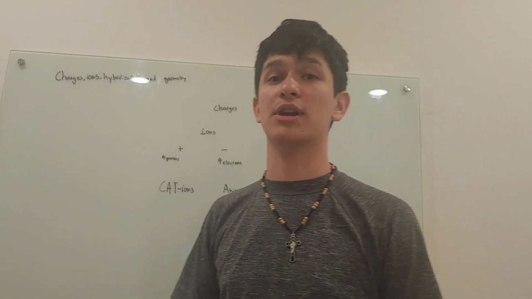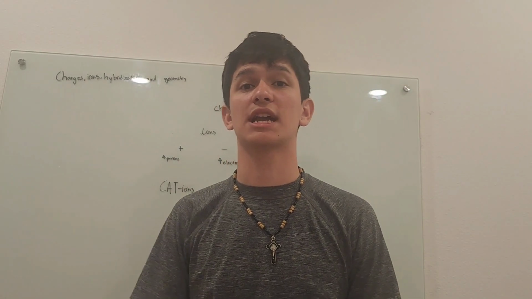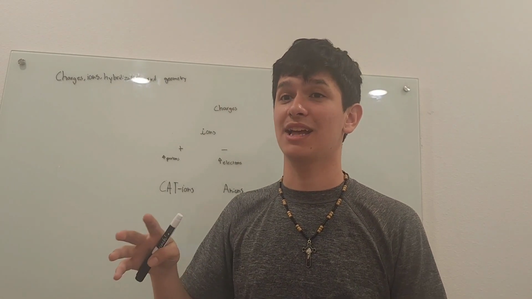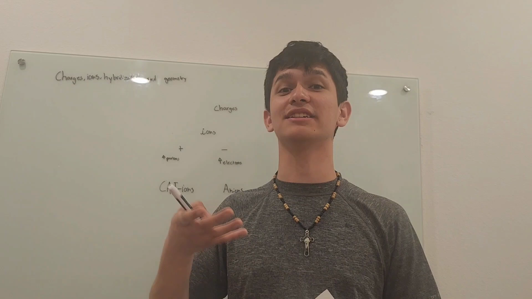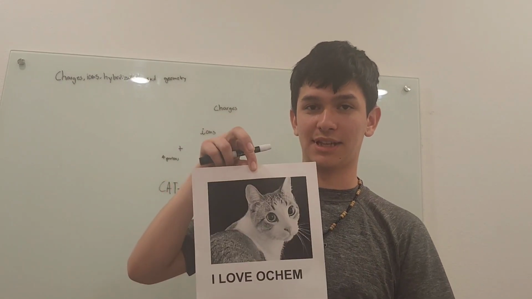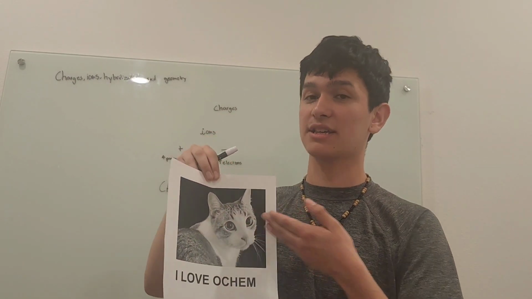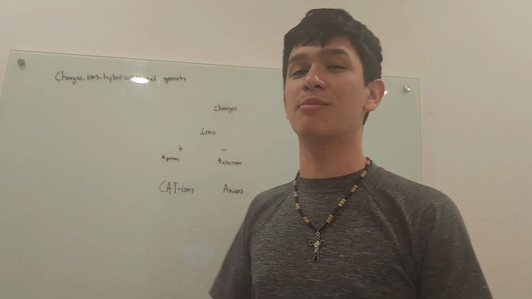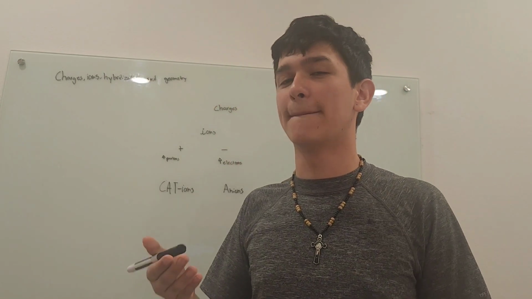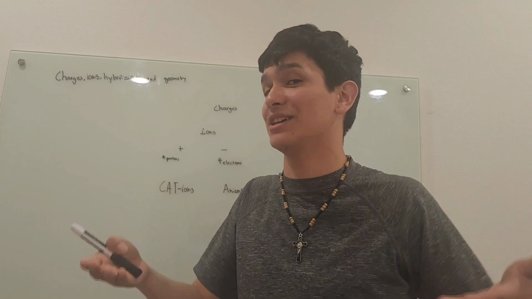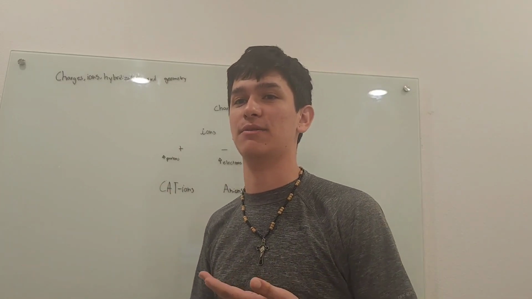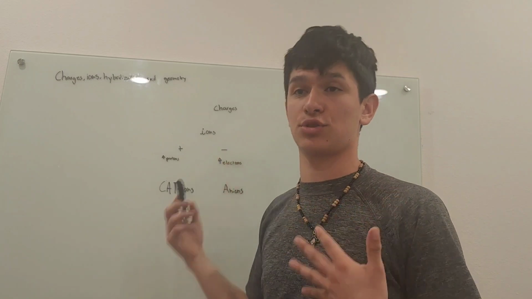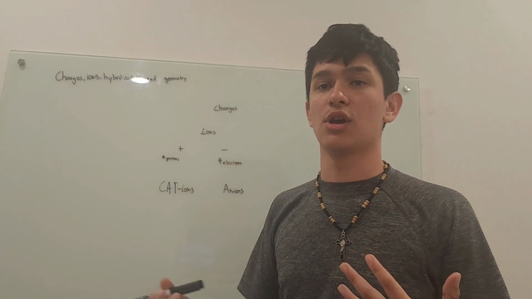A way I remember cations is cat, and cats have paws, and these are positive. And anions, as long as you know cations, anions will be the negative ones, right? So anions have extra electrons.